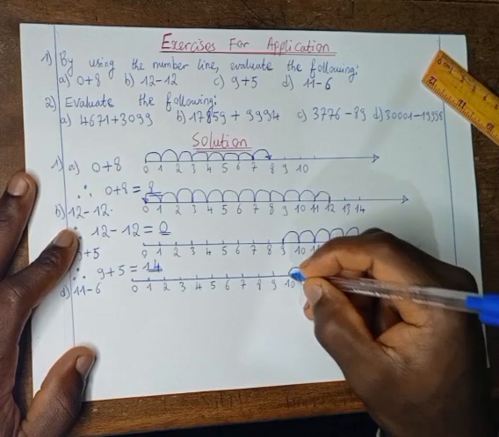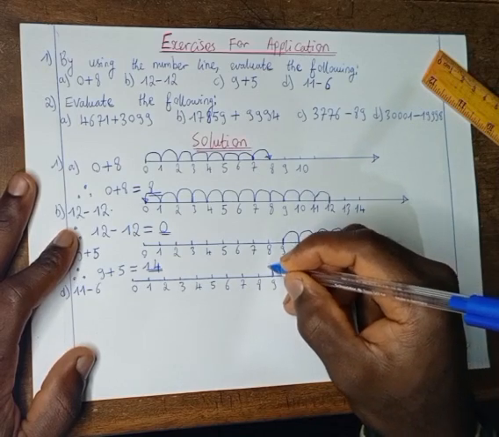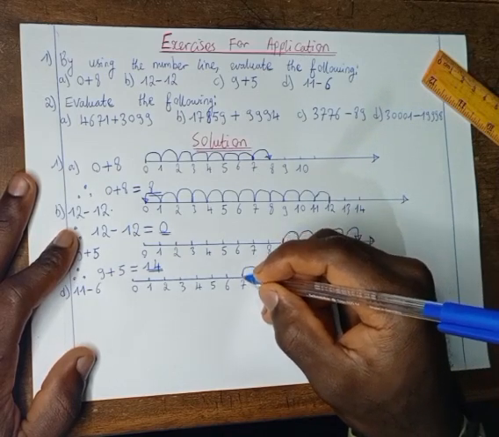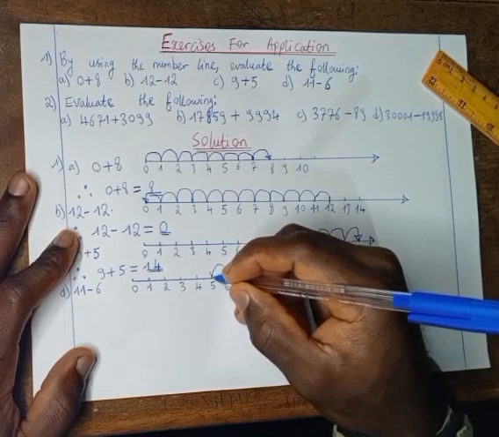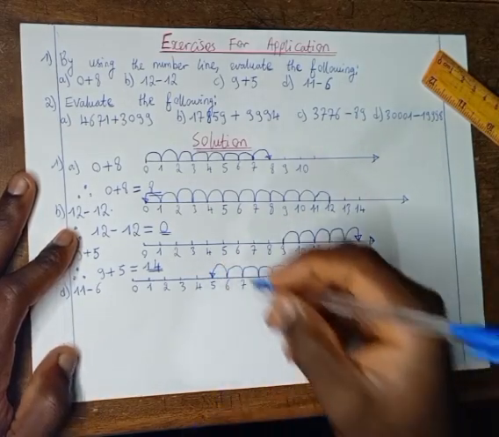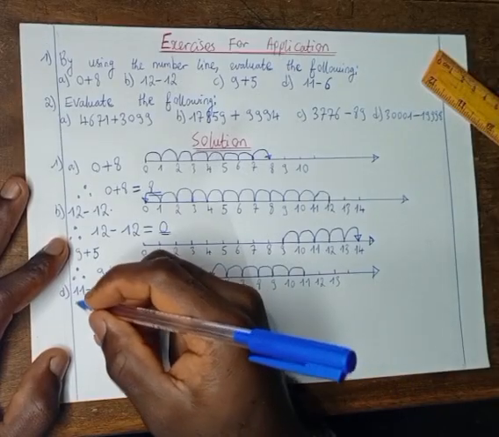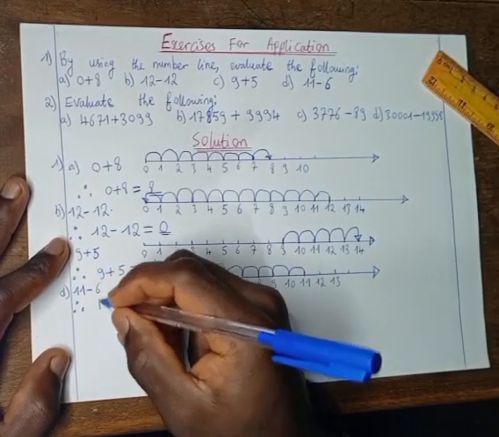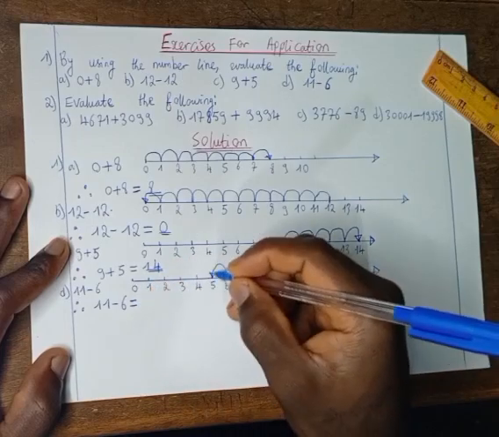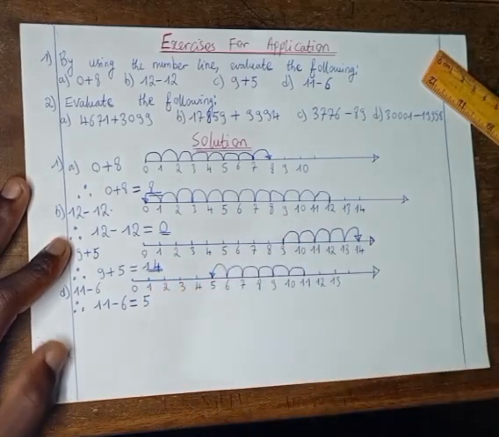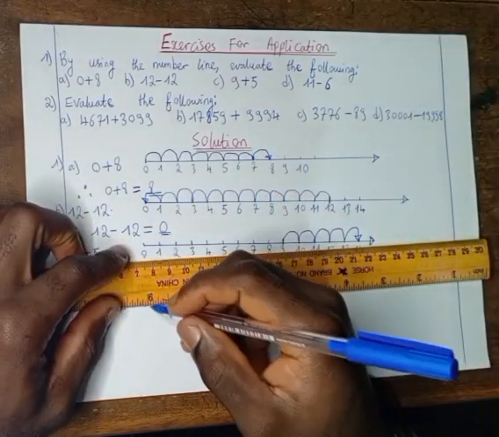We count 1, 2, 3, 4, 5, 6. We end with an arrow as such, indicating that's the answer. Therefore, 11 minus 6 is equal to 5. We underline the answer.